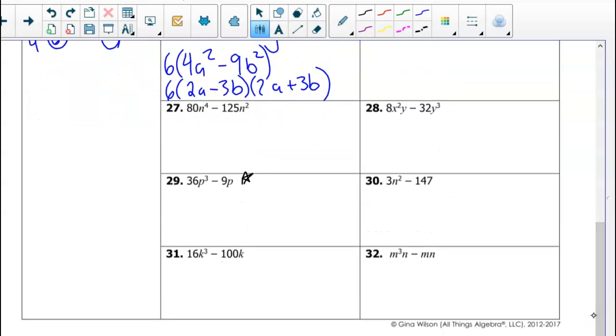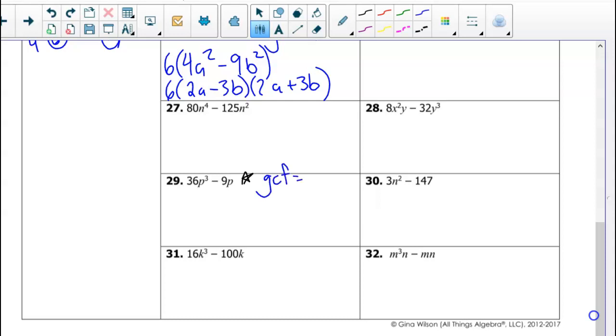Let's do one more. For number 29, I see 36 is a perfect square. I see 9 is a perfect square. But p to the 3rd is not an even number. So I would say it's prime. But I can take numbers out for a GCF. I can also take p out of both for a GCF. So let's see what happens when I do that.